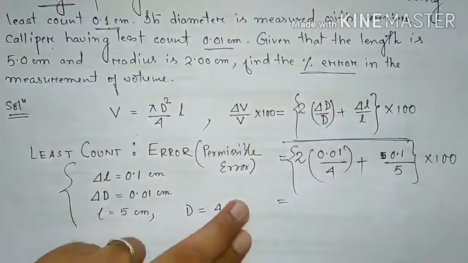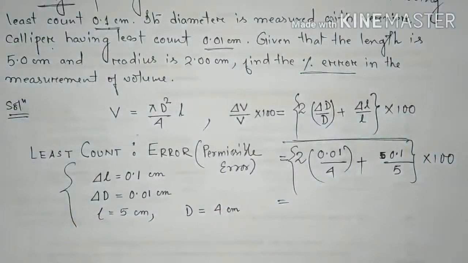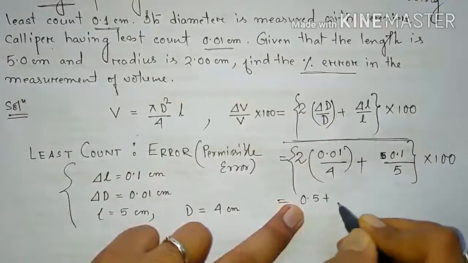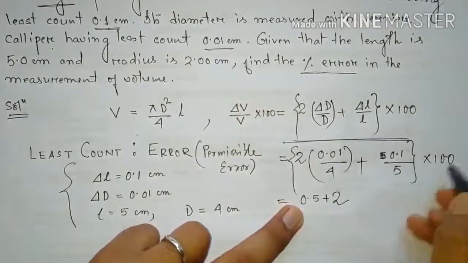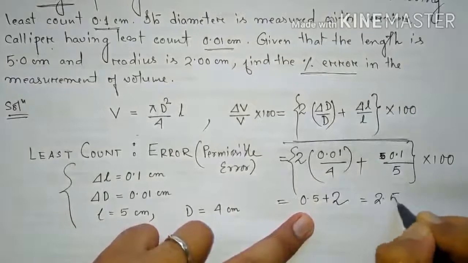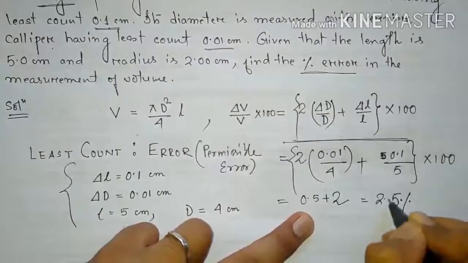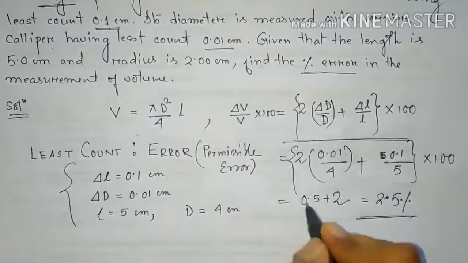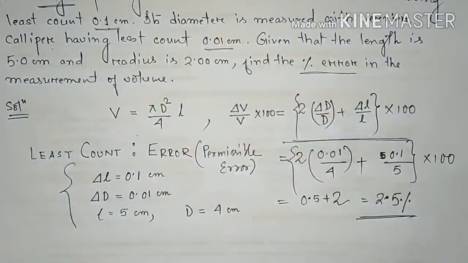So the result comes out to be 0.5 plus 2. After you multiply it by 100, the answer comes out to be 2.5%. This is the answer of the question.